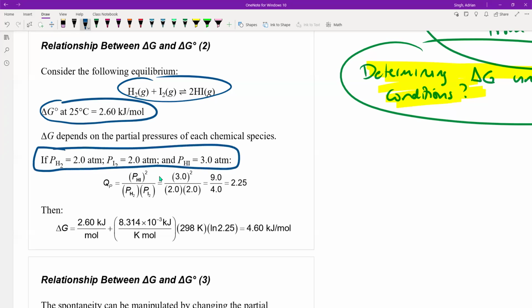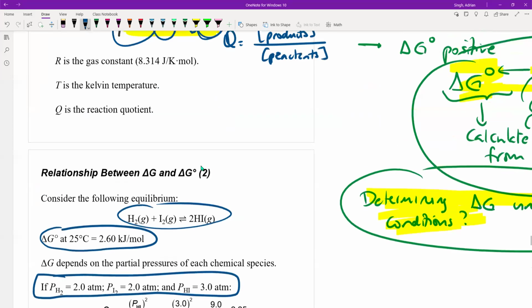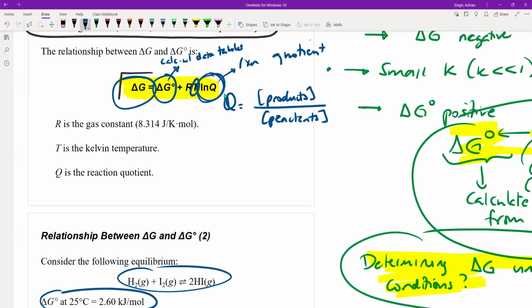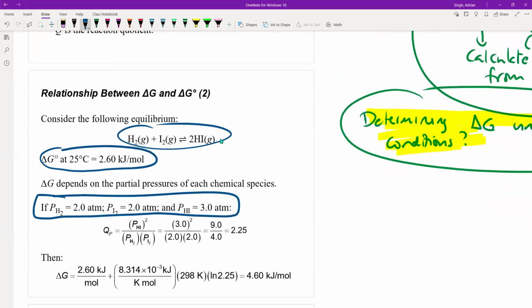So remember, when we write that Q expression, the equilibrium expression, that can be written in terms of concentration. But if we also have gases present, we can also write them in terms of the partial pressure of the gases.